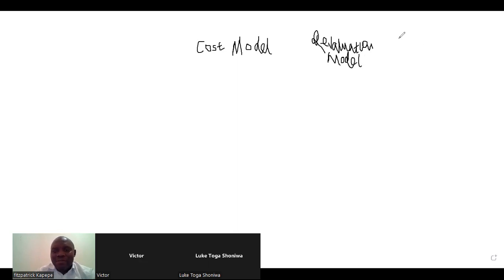Then we have the revaluation reserve. Whatever comes from these two, ultimately, the difference goes into the revaluation reserve.